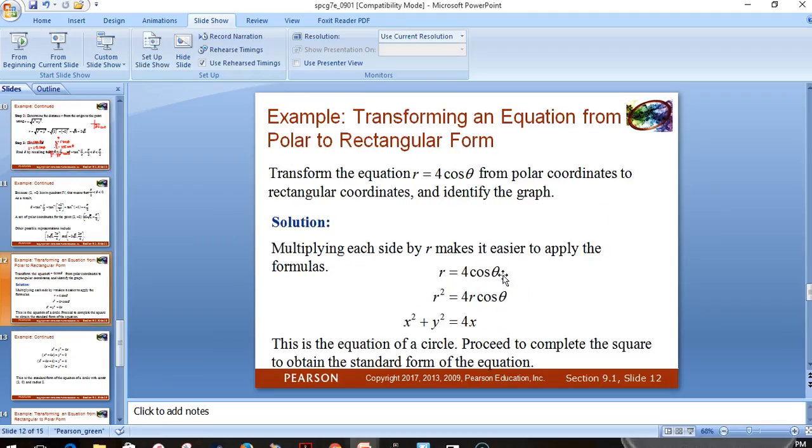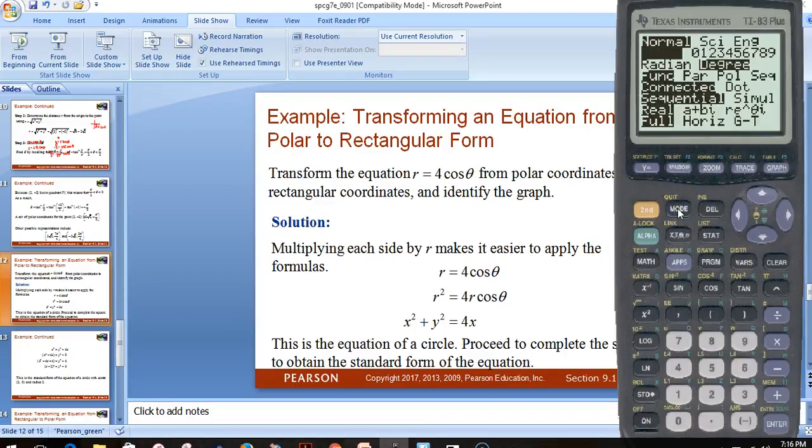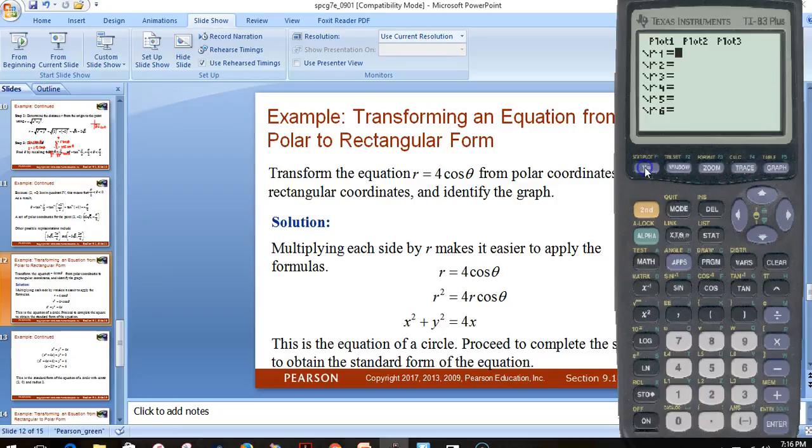Let's look at what that graph would look like in our calculator. If you go to mode and go down to radian, make sure that's on radian, and then change this over to the third one, POL, that's pole. Now when you go to y equals, it's really r equals, so that's pretty cool.